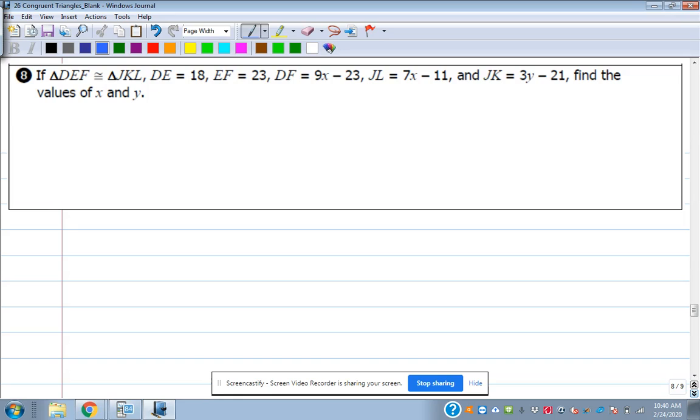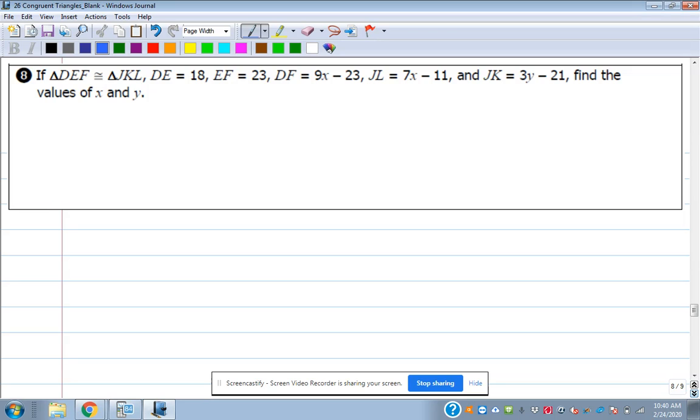Take the pictures away. Make it a little bit more difficult. When there's no pictures, it seems to be harder. But I think it's easier because the congruency statement tells you what everything goes with. So we want to find x and y for this situation with triangle DEF congruent to triangle JKL. They give me that DE is equal to 18. What letter combination should I set 18 equal to?